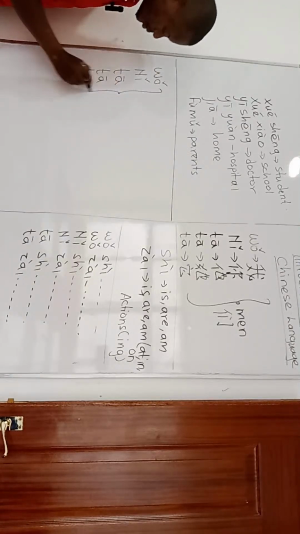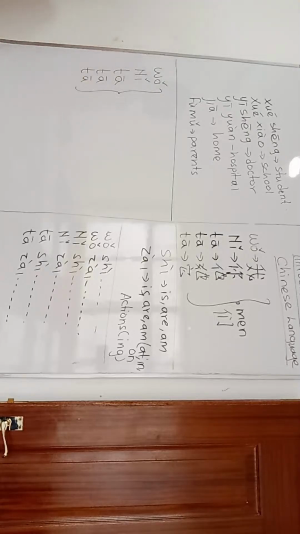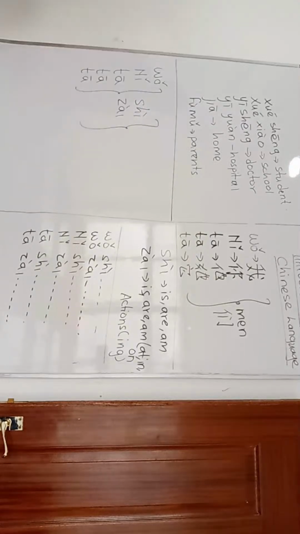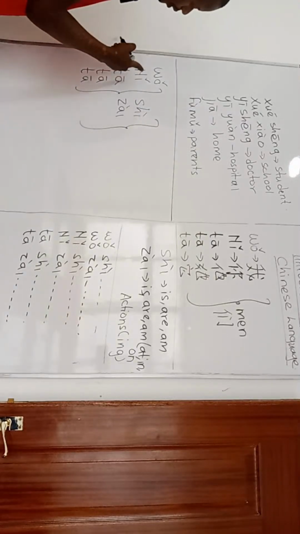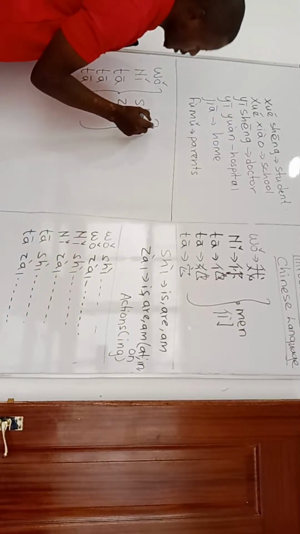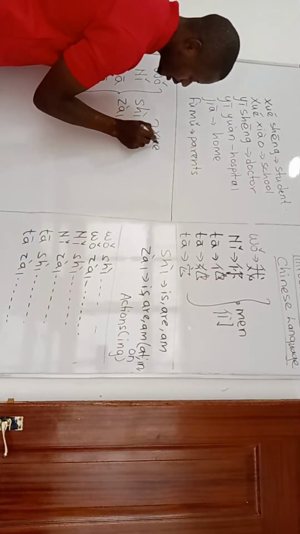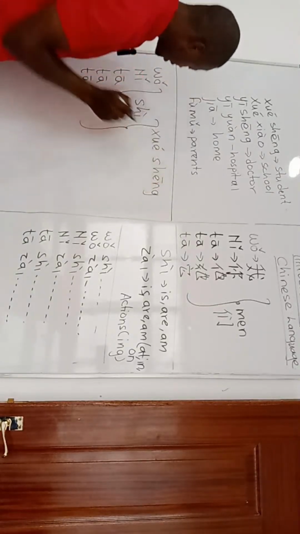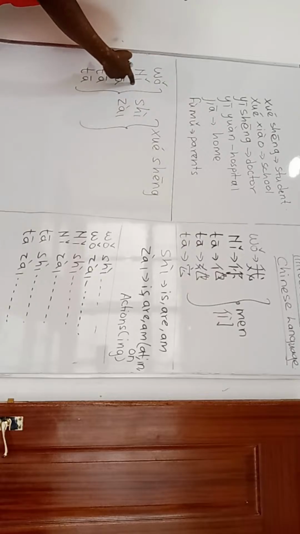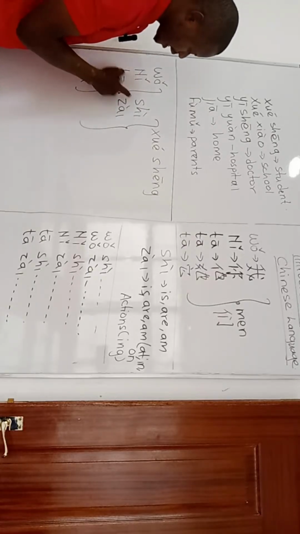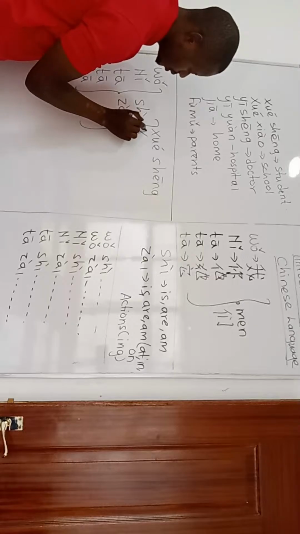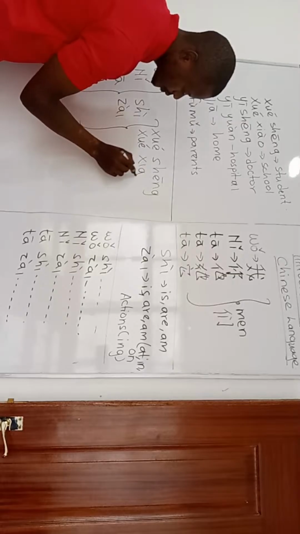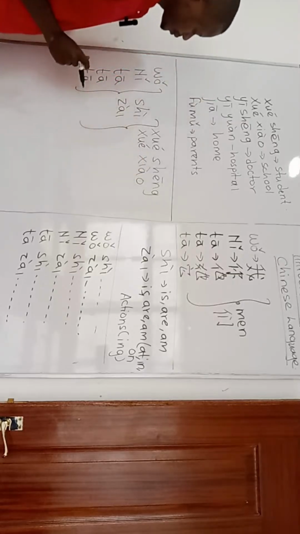Then what follows is the word 是. If you are a student, you say 我是学生. If you are at school, you say 我在学校.